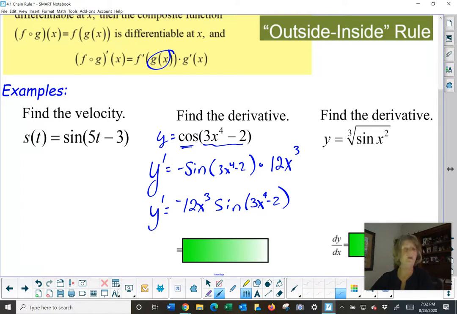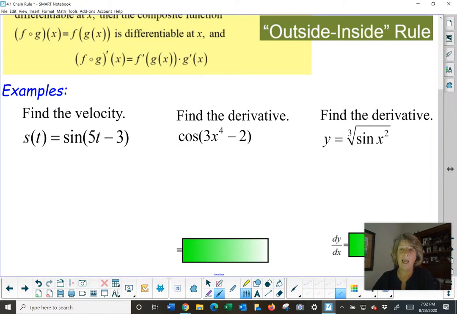All right, the last one, how many levels do you see on that? I'm seeing 3. So let's plan it out. We know that this could also be written, instead of using the radical, as a power of 1/3, and that is the outermost function. So my outer is something to the 1/3.